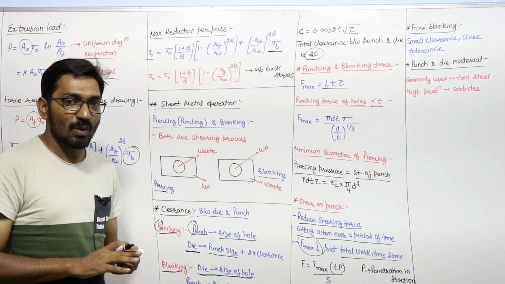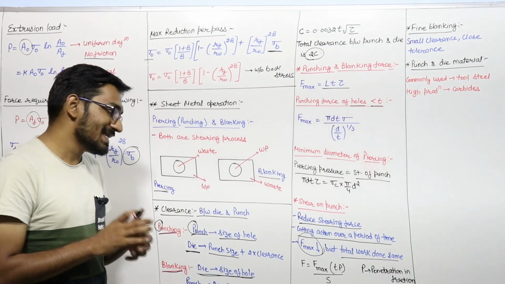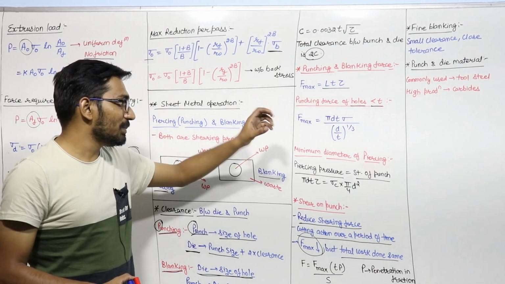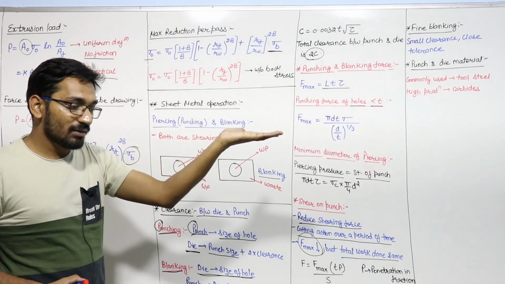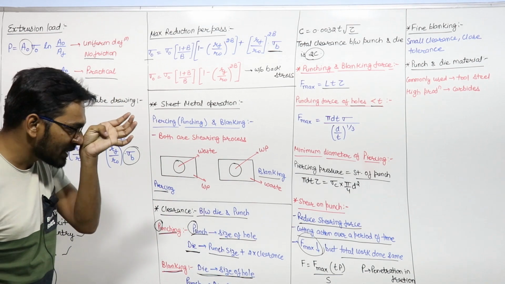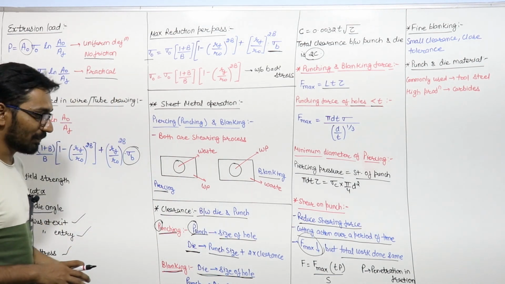The energy required to shear that hole is the same, whether you are piercing with a flat or straight punch or with a shear punch; the energy consumption will be the same.